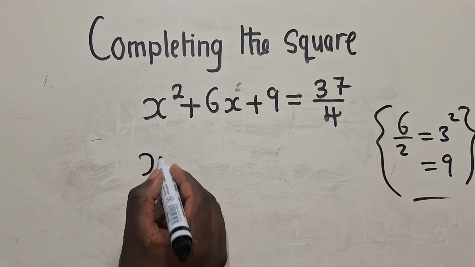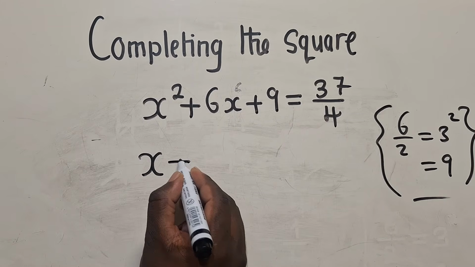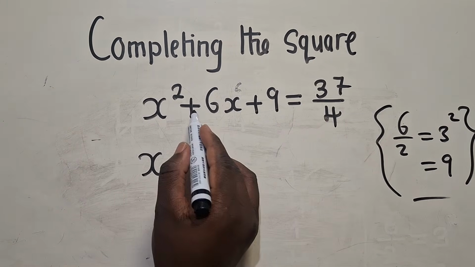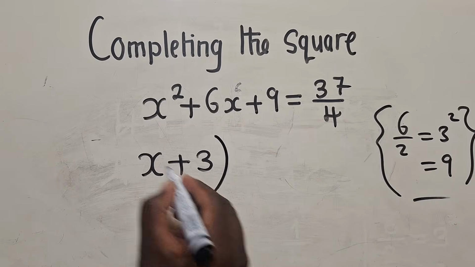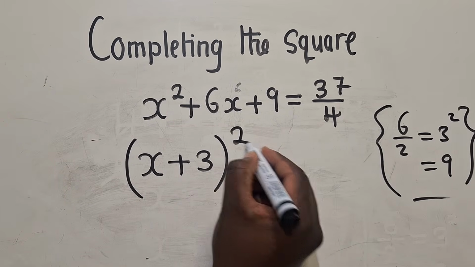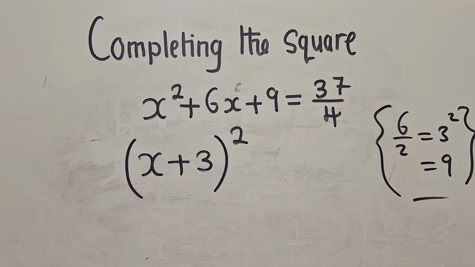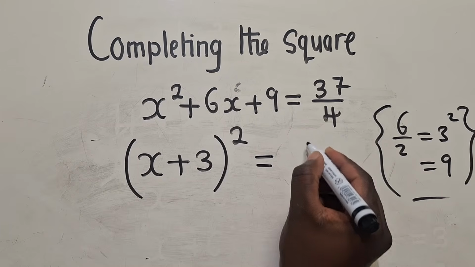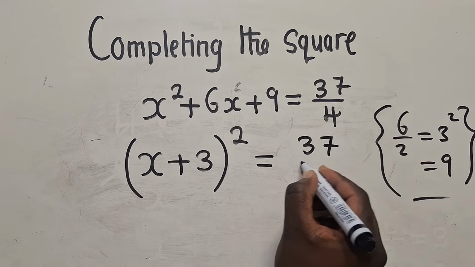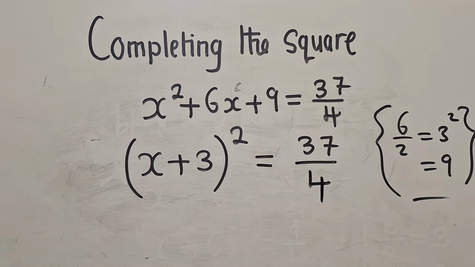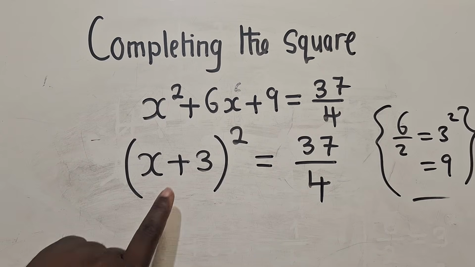Here, we shall say x plus a 3, and then we put the brackets, power 2, okay? Is equal to 37 over a 4.